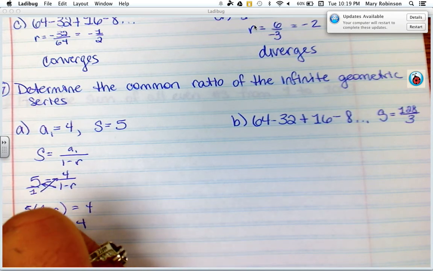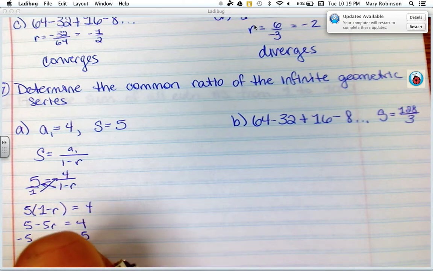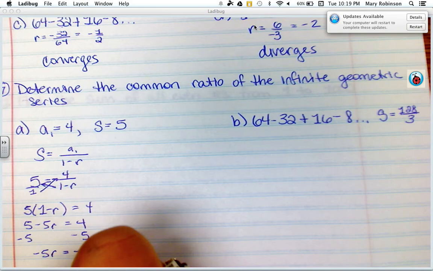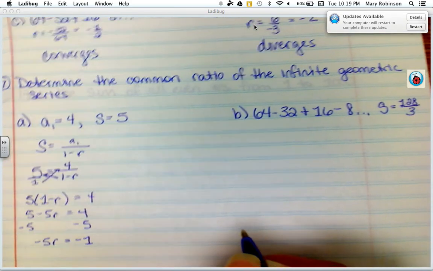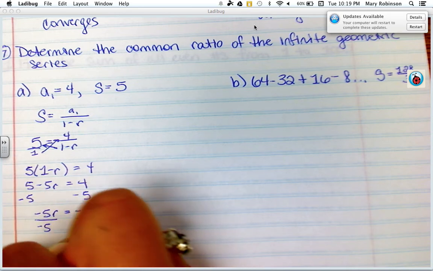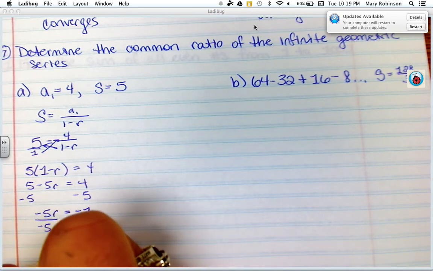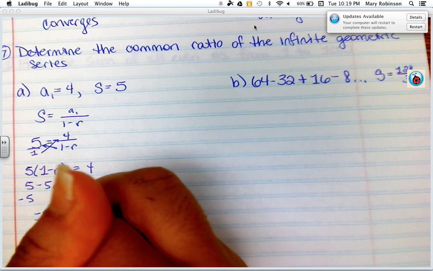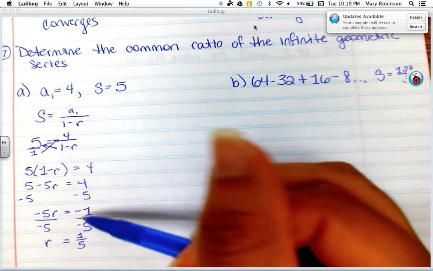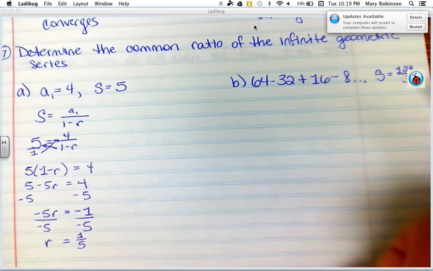We're going to subtract 5 from both sides. So we get -5R equals -1. We're going to divide both sides by -5. So R equals positive 1/5. Remember, negative divided by negative is a positive.